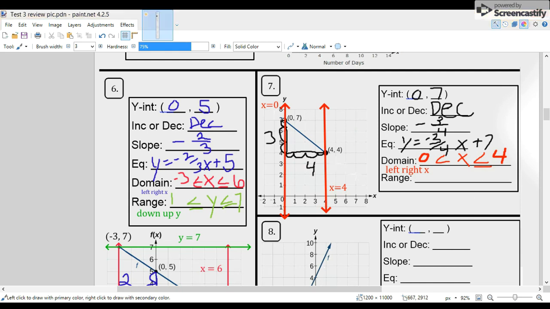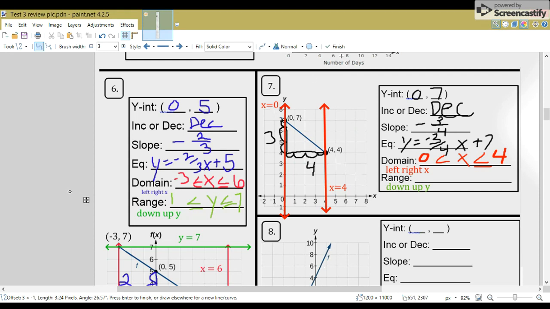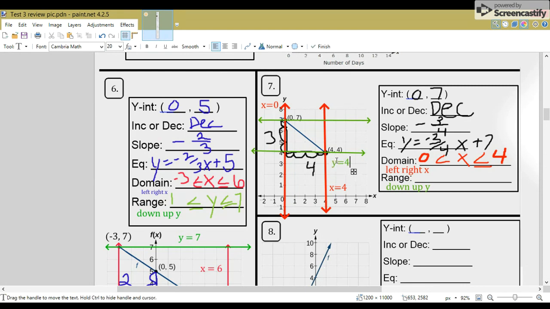Now let's find the range, down, up, y. Let's make our horizontal lines. We have one going through the lowest y, or down y, and then we make one on our highest y, or up y. We have horizontal lines, so that's y equals. y equals 4 right here, the lower y, and the higher y equals 7.